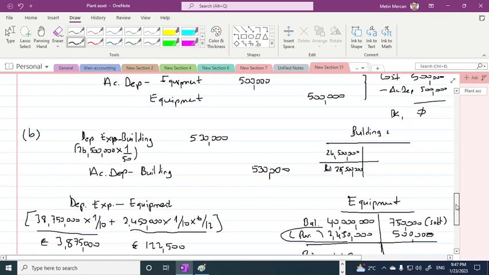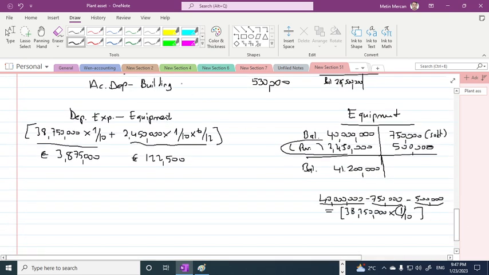So in this case, I will take this. No, actually, how much will it be? Together it will be $3,997,500. So the depreciation expense for this is $3,997,500.